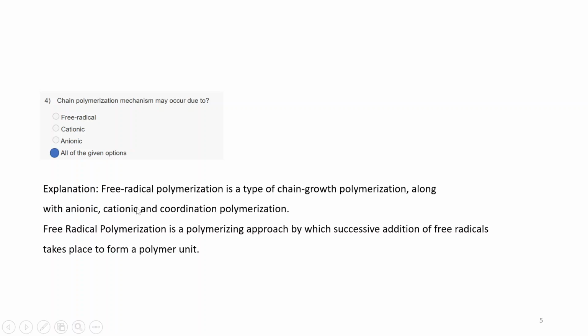In the explanation, free radical polymerization is a type of chain growth polymerization along with anionic, cationic, and coordination polymerization. Free radical polymerization is a polymerizing approach by which successive addition of free radicals takes place to form a polymer unit.